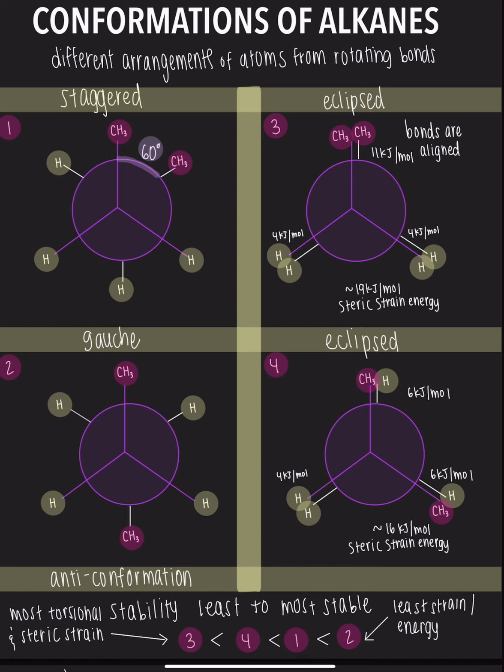This is what you call a Newman diagram, and I probably should have drawn it, but I didn't. It's when you have some type of molecule, like in this case, you'll see a CH3.